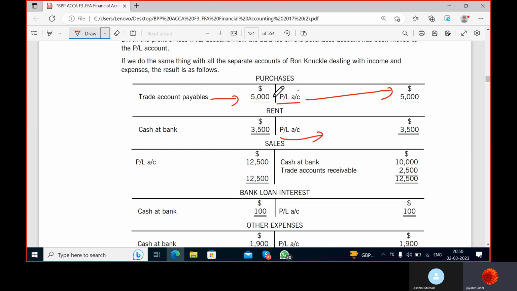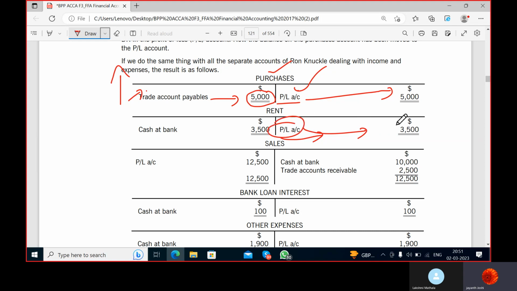Sales, what does it mean? Purchases: when you buy goods on credit, it increases your purchase expense. Am I right? So payables is on the credit side. It's a credit purchase. And this purchase expenditure, you are transferring to which account? P&L account. Rent expense you are transferring to P&L account.